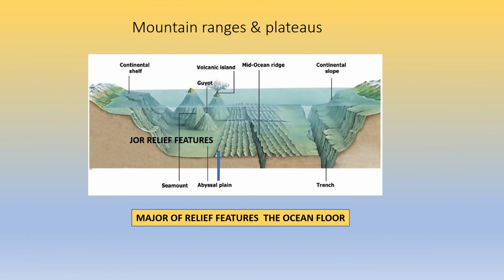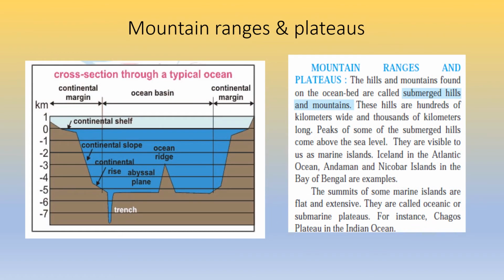Then the next important part which we are going to study is mountain ranges and plateaus. Can you see the mountain ranges? These are weaker zones, the areas where mountain ranges are built up, and where volcanic activity takes place.